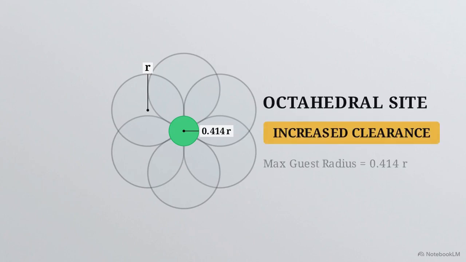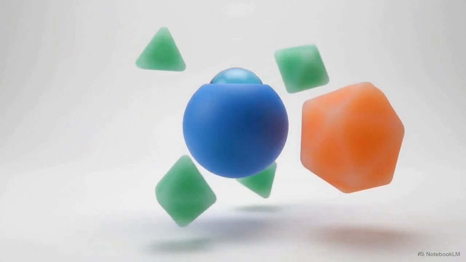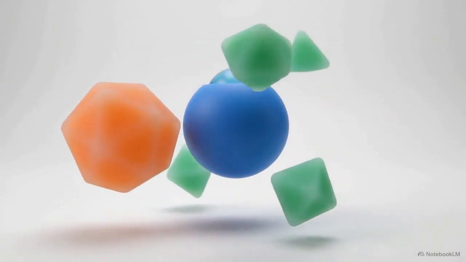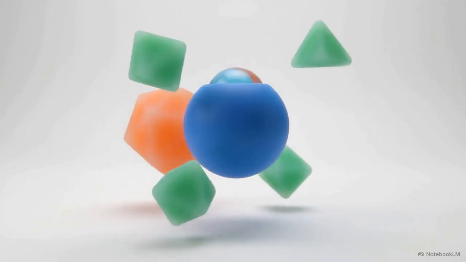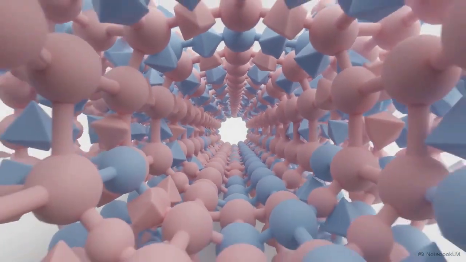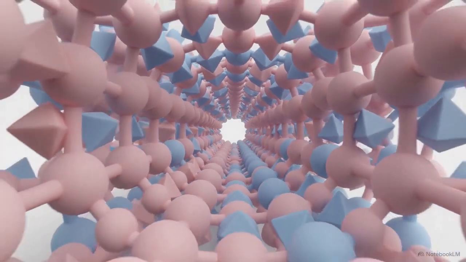This roomier space accommodates a guest atom up to 0.414 times the size of the host. In a typical close-packed metal, every single atom is surrounded by 2 tetrahedral holes and 1 octahedral hole. This arrangement transforms the metal lattice into a microscopic framework of vacant, specific-sized rooms waiting to be occupied.